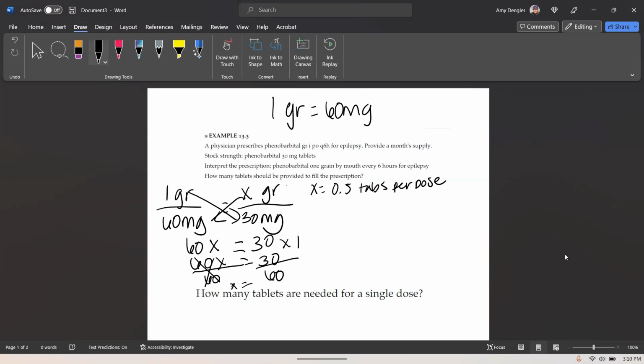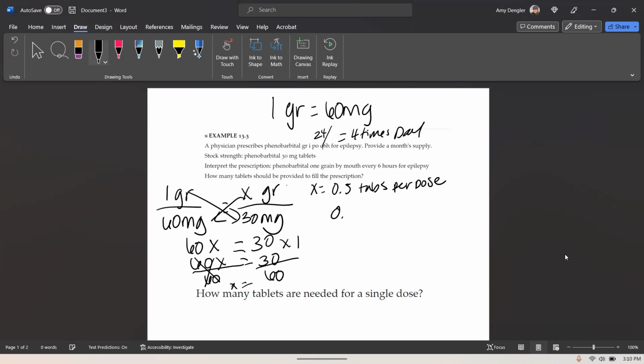So they're taking the 0.5 tablets every 6 hours. So we need to find out how many times a day that is. So if we take 24 hours in the day and we divide it by 6, for every 6 hours, that is 4 times a day.